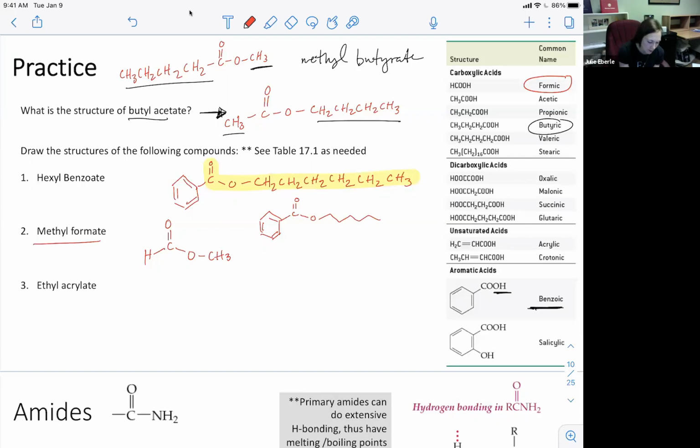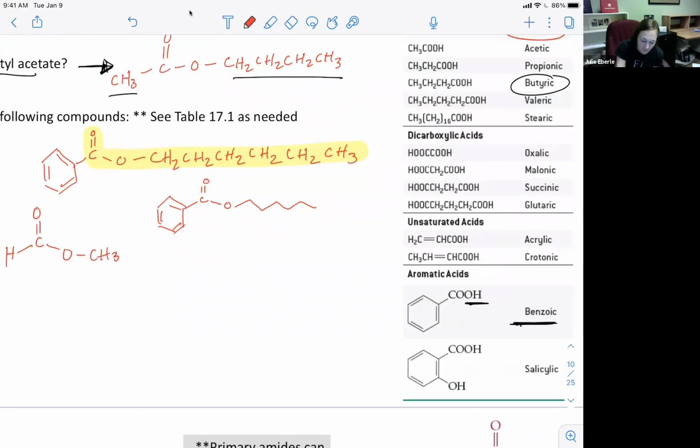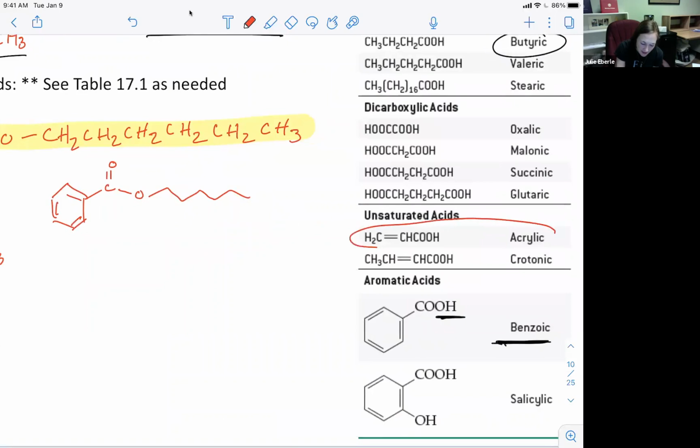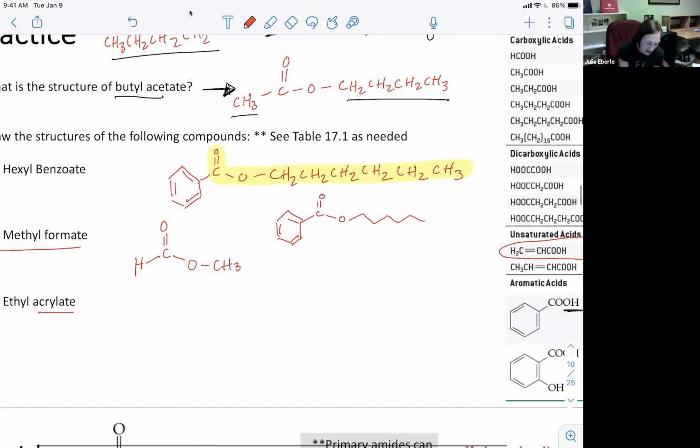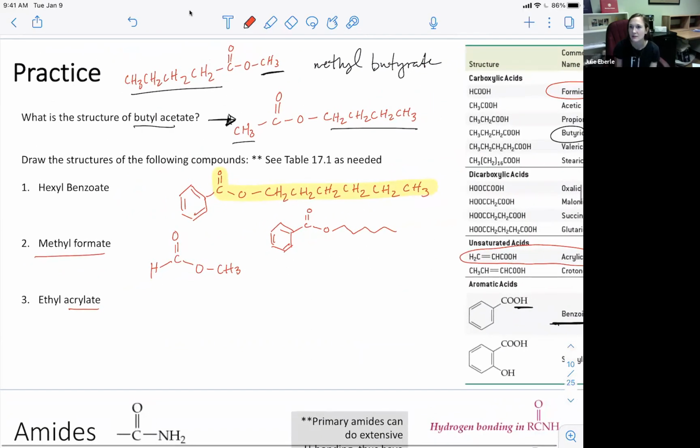Okay, ethyl, this one's a weird one, acrylate, ethyl acrylate. So that comes from acrylic acid right here. I just think of acrylic paints though. So you're gonna draw this, make it into an ester, and add ethyl to the other side of it.